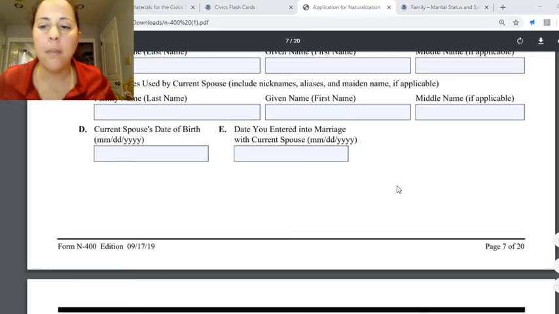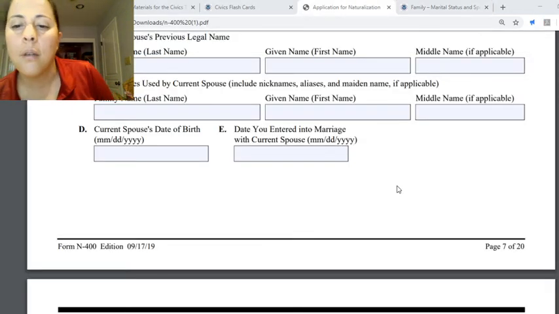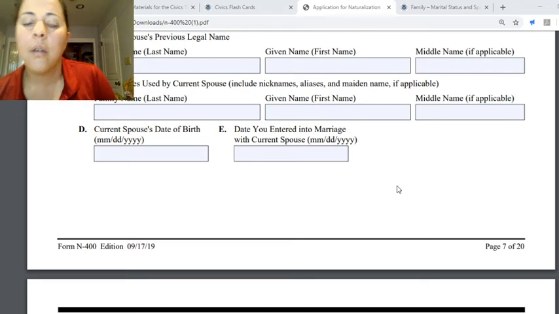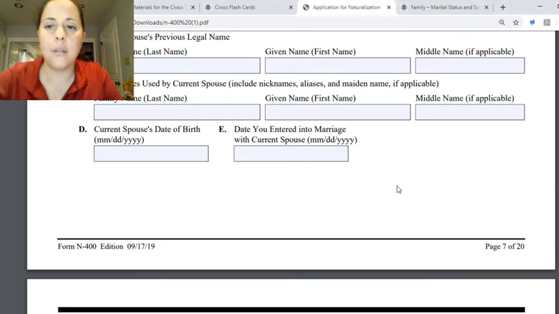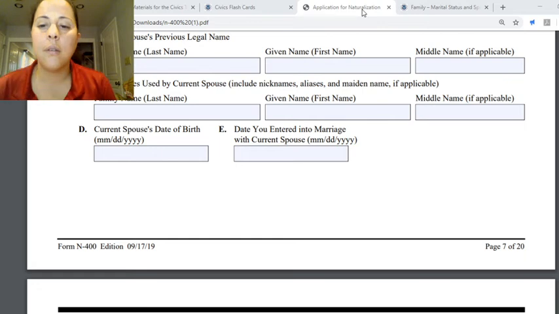Remember, the date is shown as month, day, year. August 6, 1949. So you would write 08061949.